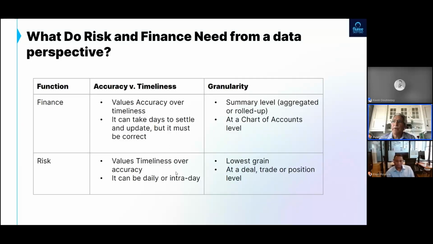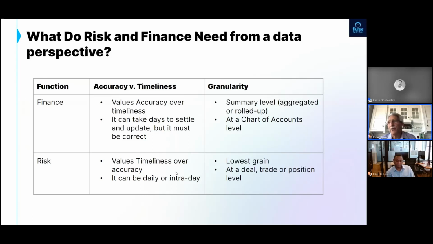The closing of the books is a multi-day process, depending on the organization. It can be weeks, and in other places days. But over that time, they're examining the accuracy and making adjustments. At the end of the day, it needs to be correct and prove correct.